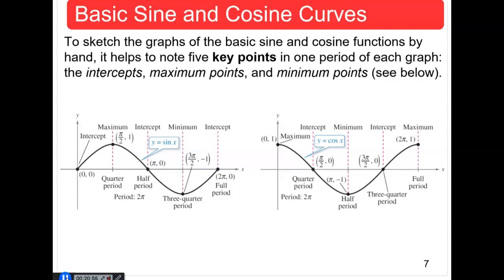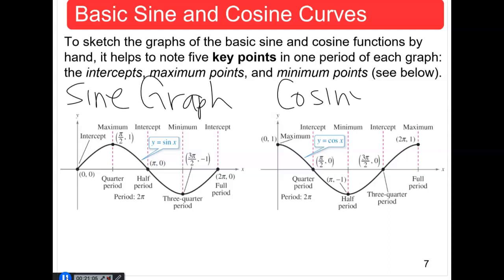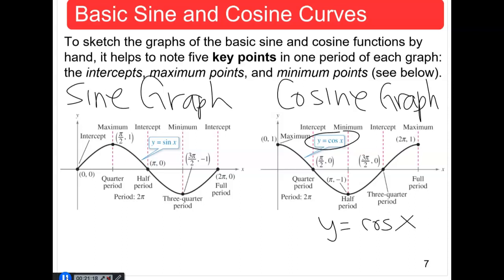On the left, we have the sine graph, and on your right side, we have the cosine graph. These are the graphs for the functions; we can see the equations here: y equals cosine of x, and here we have y equals sine of x.